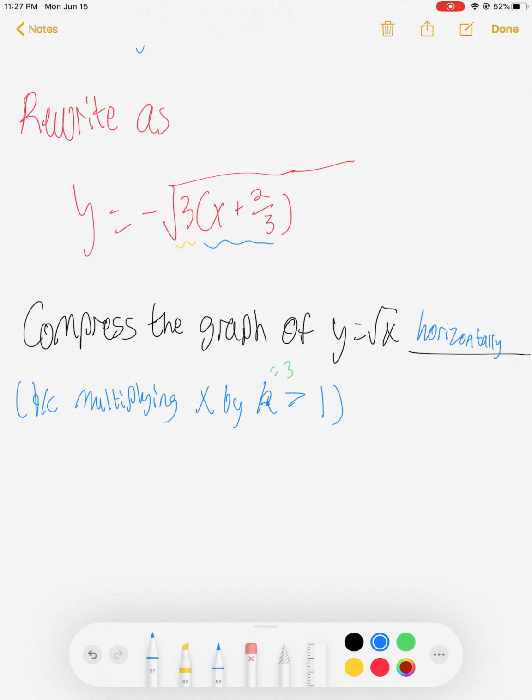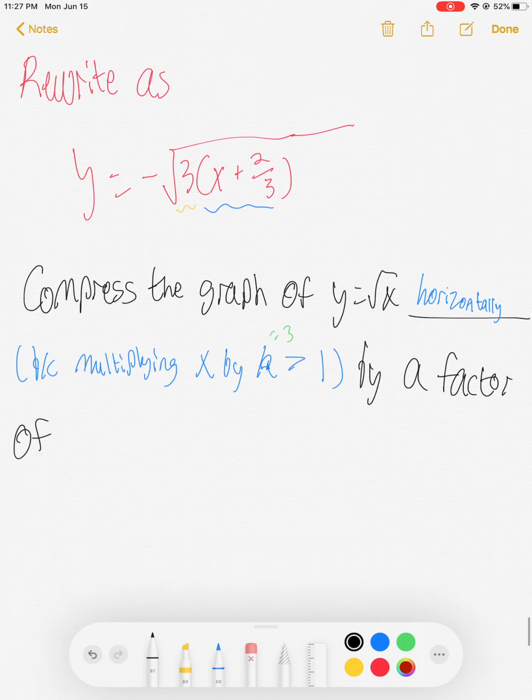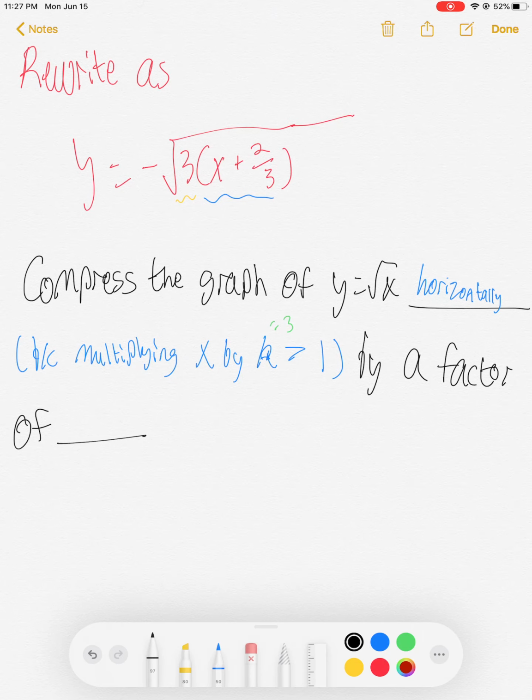Okay, let me emphasize again, this is because we are multiplying x by some k greater than 1. In this case, k is just 3. So we have this 3 out front of the x.